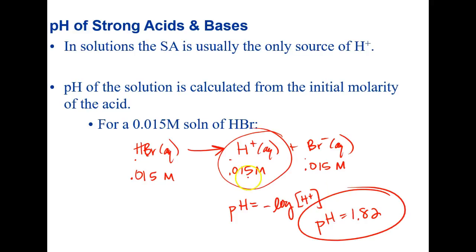And if you think about this, 0.015 is 1.5 times 10 to the negative 2, so it should make sense that our pH is in the ballpark of 2. So for strong acids, whatever your initial concentration is for the acid, you would use that number to calculate pH.